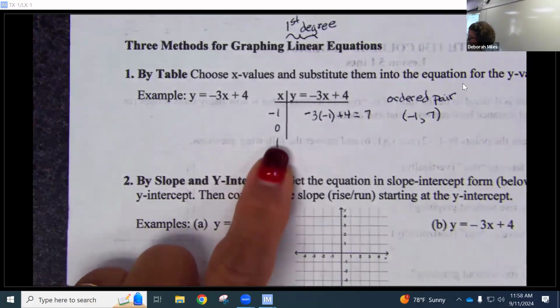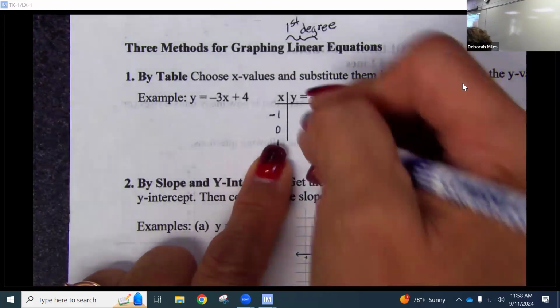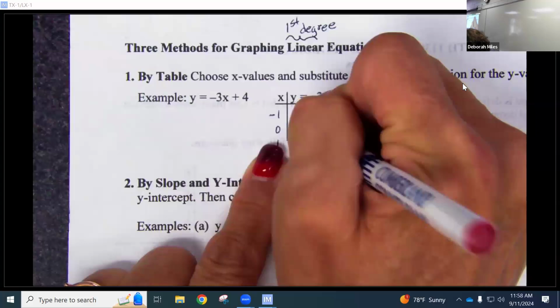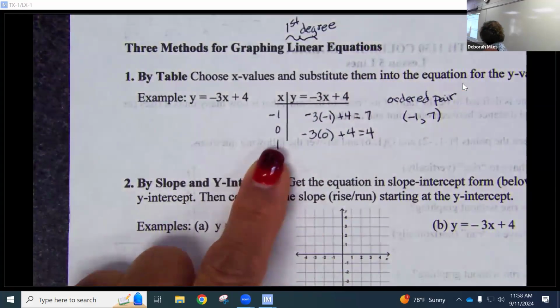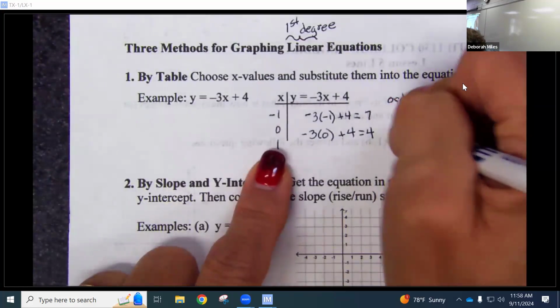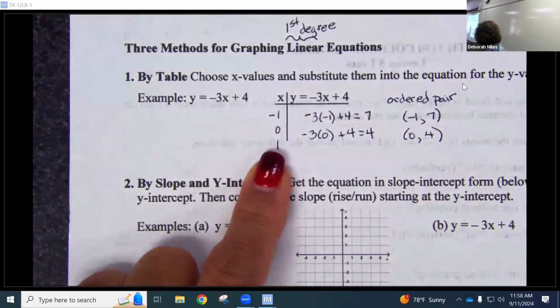If I let X be 0, I'll have Y is -3 times 0 plus 4, which is 4. I found another ordered pair on that line.